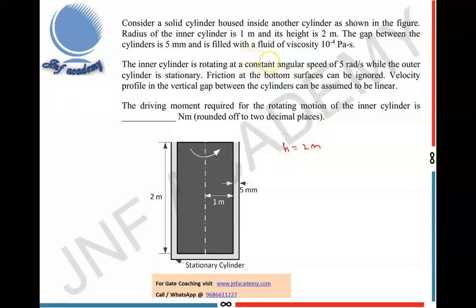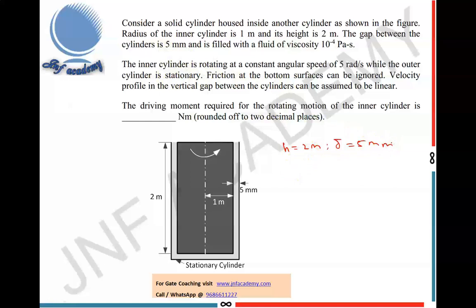And then the delta, which is the thickness, is given to be the gap between the cylinders. So there are two cylinders, and the gap between the cylinders is given to be 5 mm. So delta is equal to 5 mm. That is also clearly given in the question.